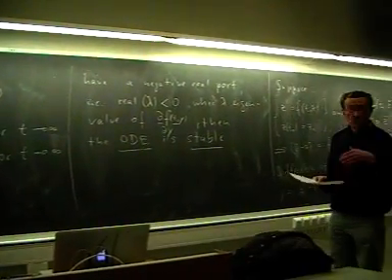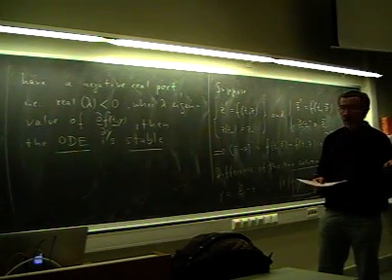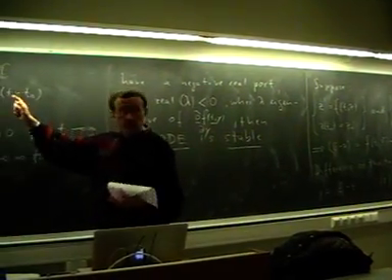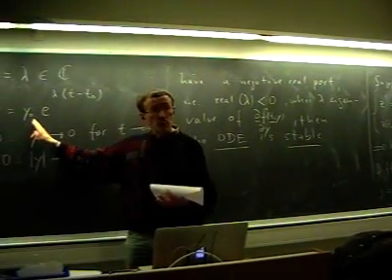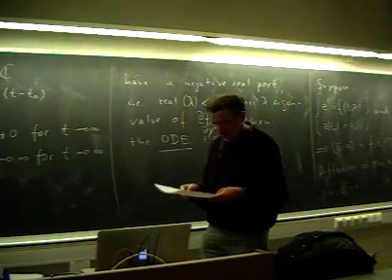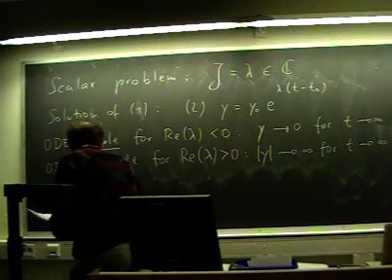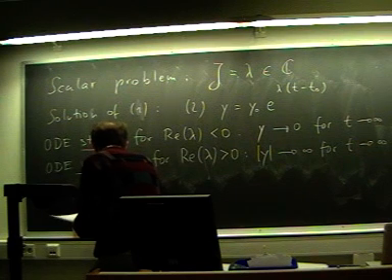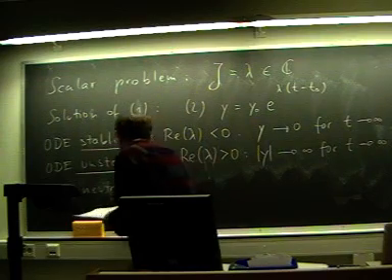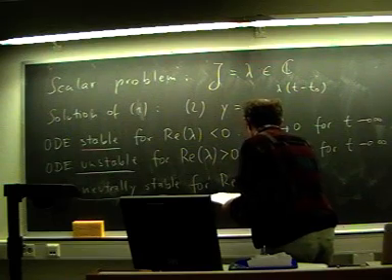And the final condition that we might have is that lambda is 0. If lambda is 0, then we see here, e to the 0 is 1, we get y equal to y0. So then we don't move away from the initial condition. So that is called neutrally stable. So the ODE is neutrally stable for the real part of lambda equal to 0.